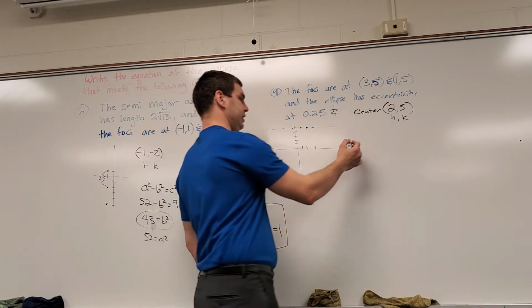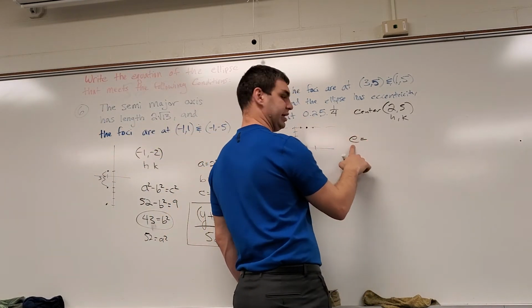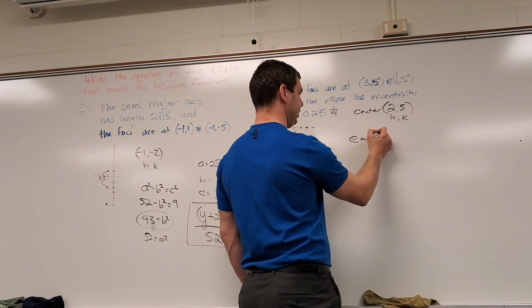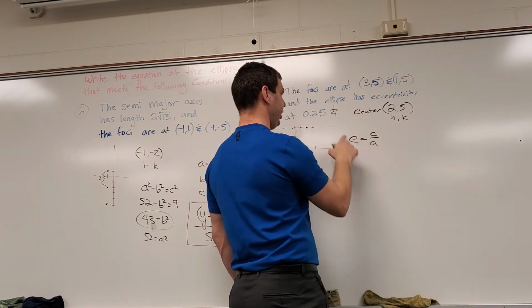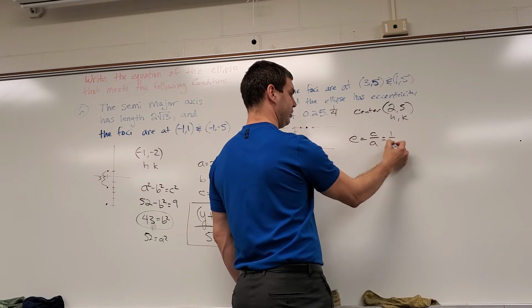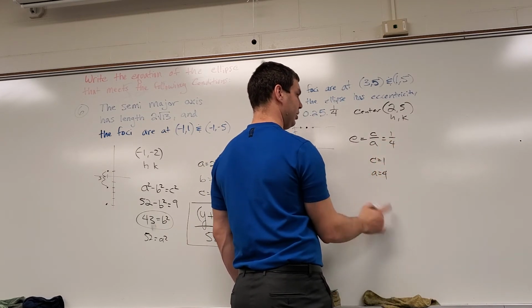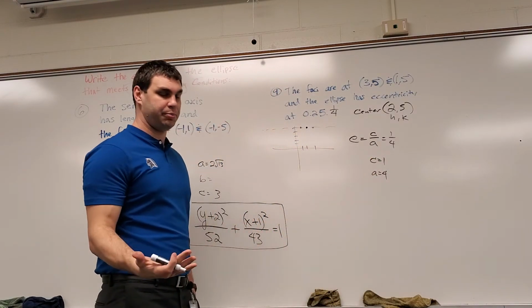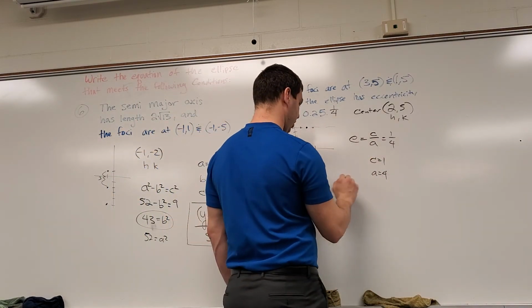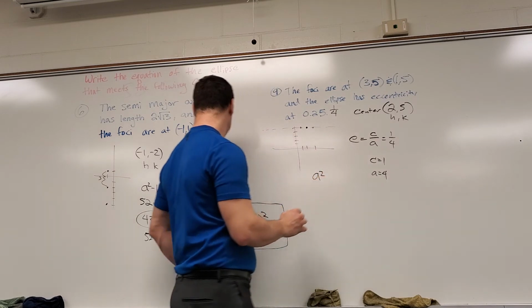So eccentricity, remember, it's the equation E equals C over A, where if I replace this with what I have, 1/4, now my C equals 1 and my A equals 4. So the only other part I need now is the B. And B, again, we can use our equation that we used over here.